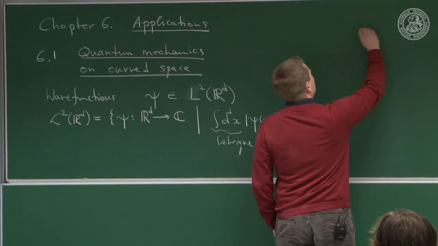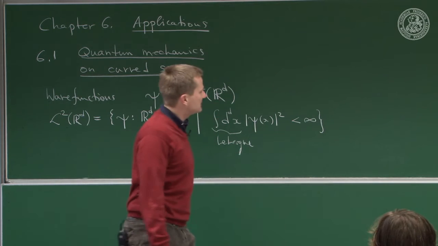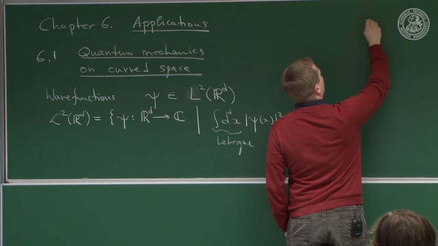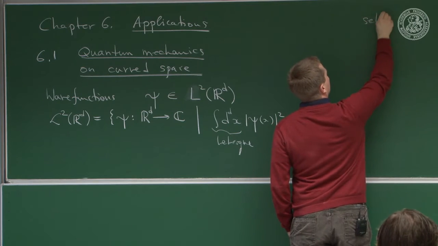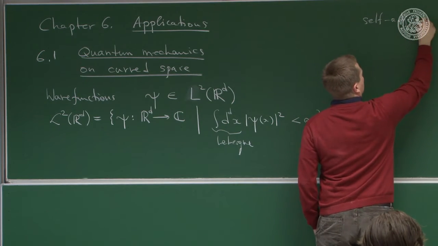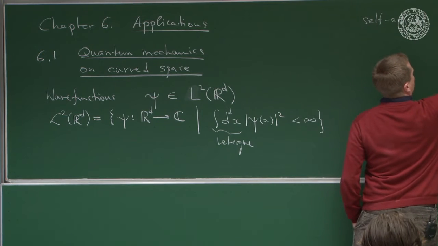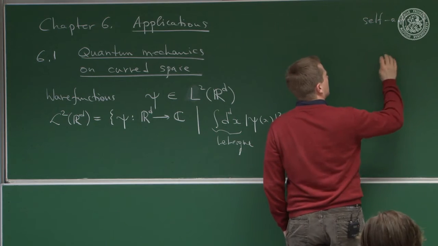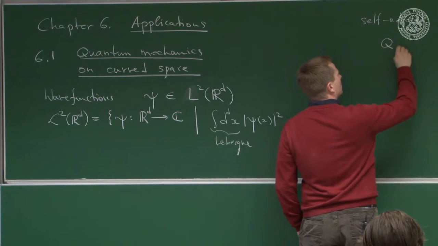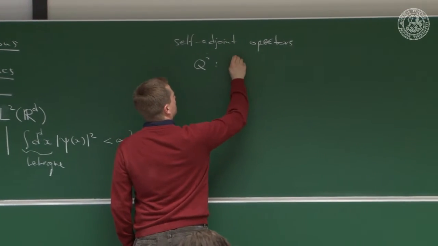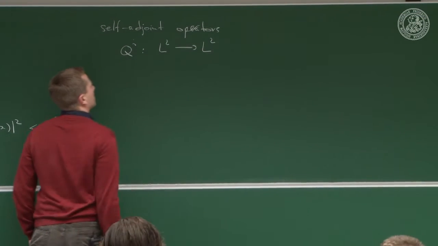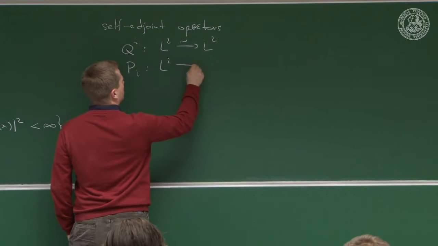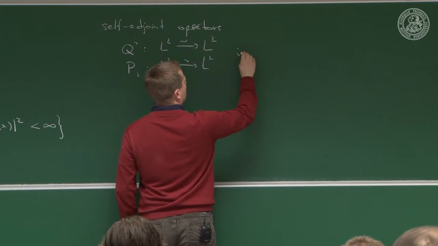So if we now look at some position space representation, or some representation in general, we wish to have operators. We need self-adjoint operators, and they should act on this space L2, but it will turn out they can't. So let's call them Qi, supposed to act on L2 linearly, and Pi, supposed to act on L2 linearly, i equals 1 to d.